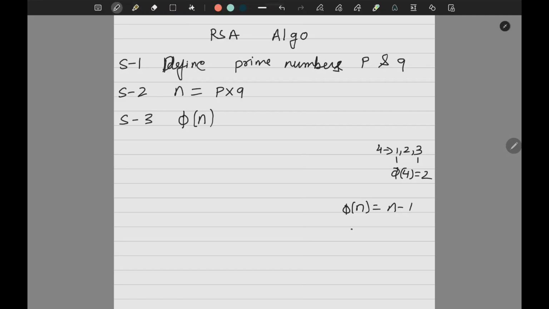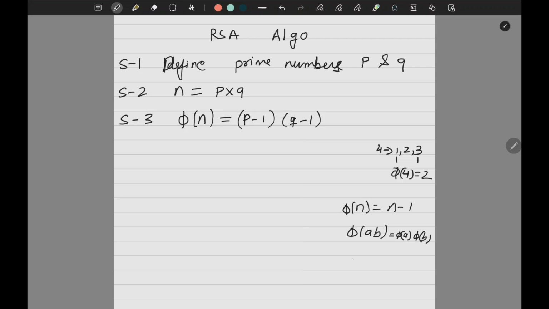And one more property was that if I want to calculate phi of AB, it will be phi of A into phi of B. And obviously here for both the numbers P and Q, phi n is phi of P into Q, basically phi P and phi Q. Now both are prime, so I can directly write P minus 1 and Q minus 1 as my formula. For P, P minus 1, for Q, Q minus 1.